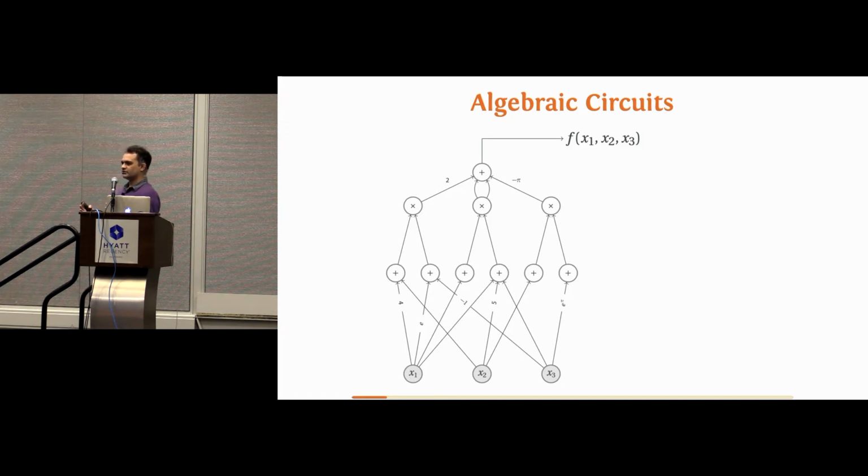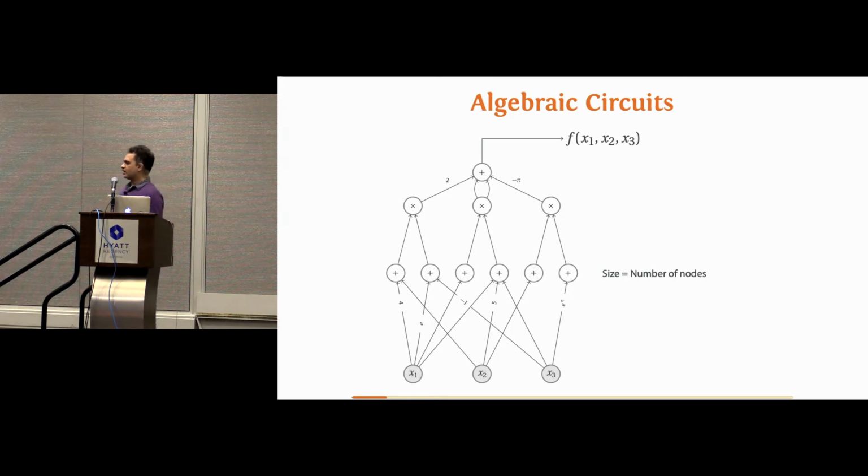You're only going to charge for multiplying polynomials or adding polynomials together, and the output naturally computes some multivariate polynomial. And normally the size is just denoted to be the number of nodes in this circuit. Sometimes it's the number of wires, but it doesn't matter for the sake of this talk.